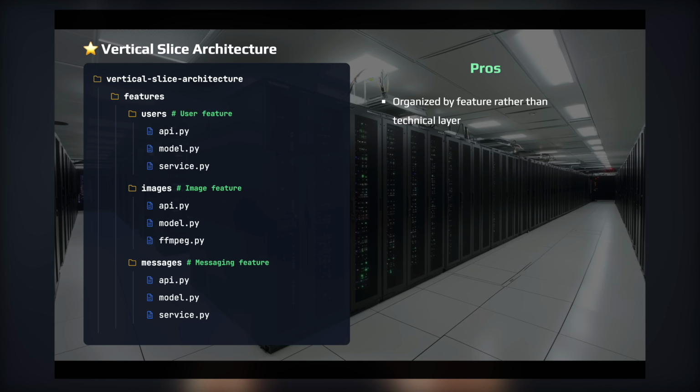Pros, things are organized by feature rather than some arbitrary technical layer, okay? And the arbitrary layer is some logical layer, right? It's there for a reason. But by organizing into a feature, it's a lot easier to collect everything you need into a collection of context. A beautiful thing you can do here, this is all one prompt context priming. So when you're setting up your AI coding tools, it's just a single shot to get this working, okay?